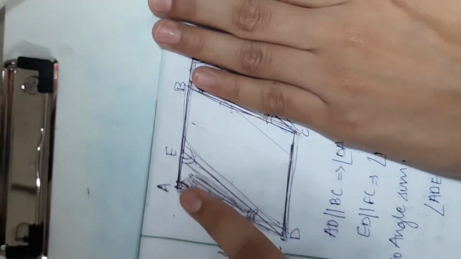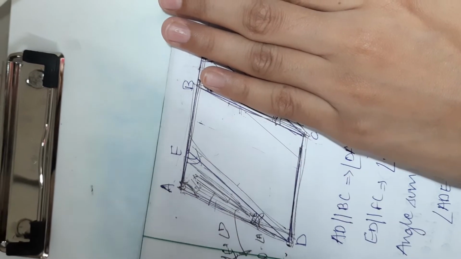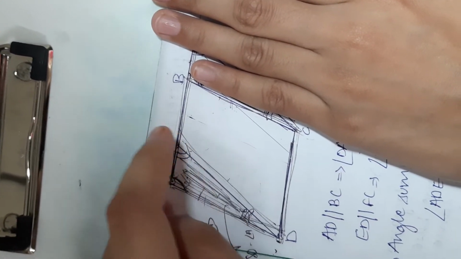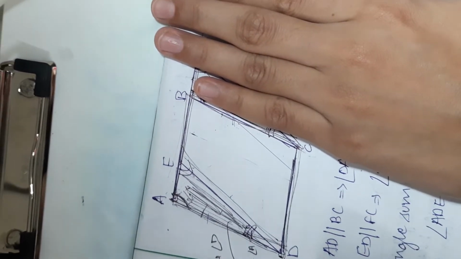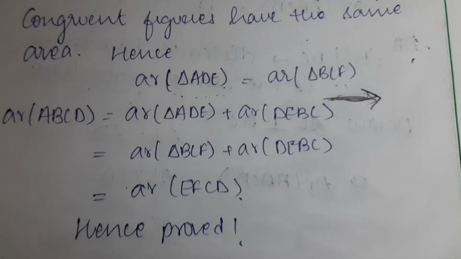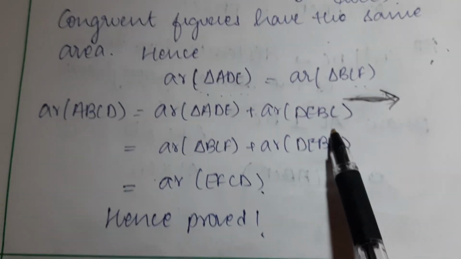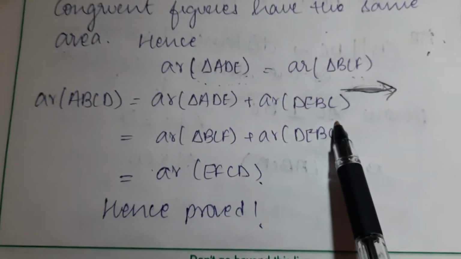You can say space occupied by this plus space occupied by this is the total space. That means area of AED plus area of EBCD is the total area of ABCD. Now let's write that: area of ABCD equal to area of the triangle plus area of that quadrilateral DEBC.